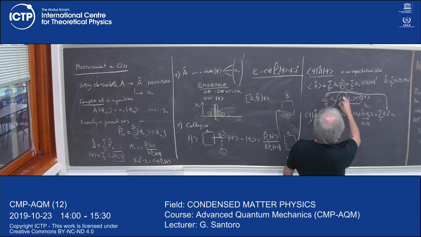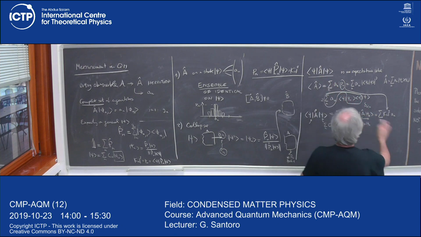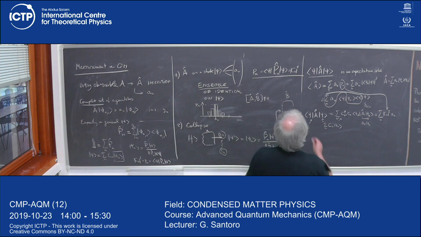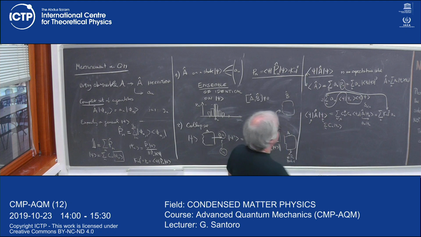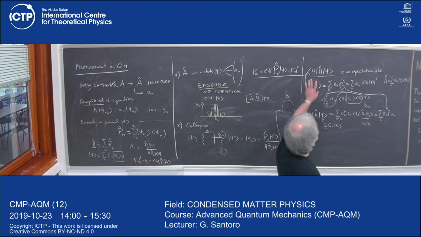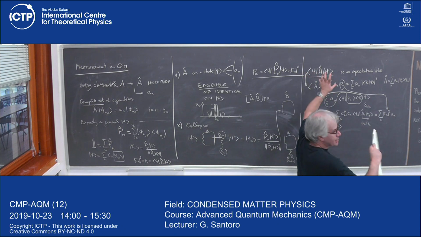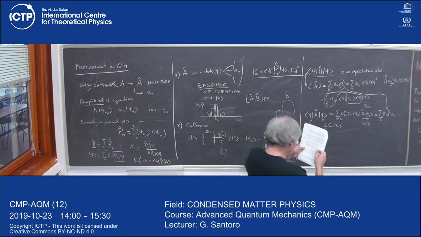So this object here is nothing but the A that appears there. Anyway, you want to do it, there are several ways to proceed. You realize that these two things in fact coincide. So the expected statistical average that I get from the measurement is precisely the bra and ket sandwich of the operator. Okay? That's a very useful tool.